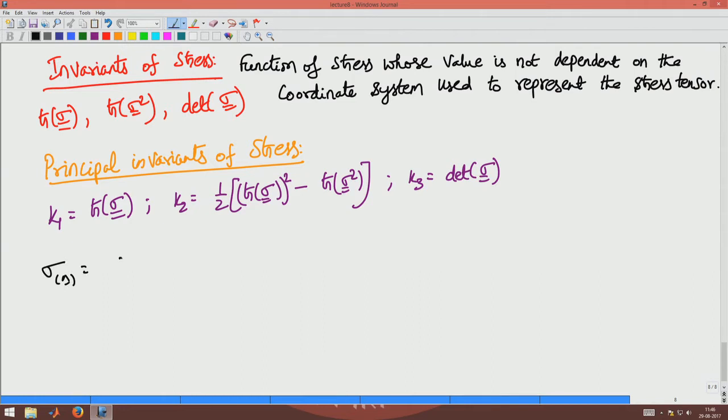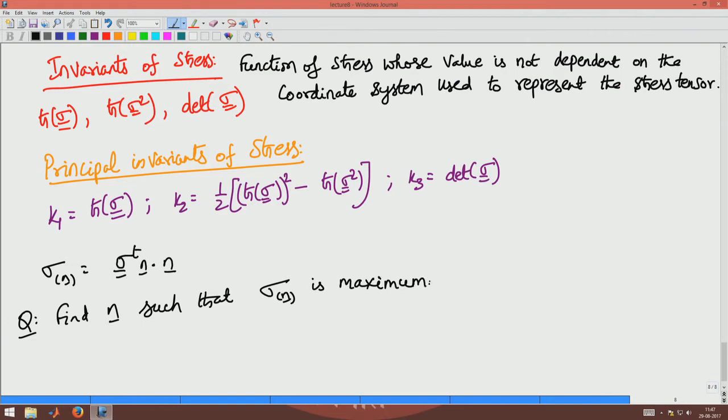This will be sigma transpose n dotted with n, that is nothing but the traction dotted with n. I want to find n. The question is, find n such that sigma of n is maximum.